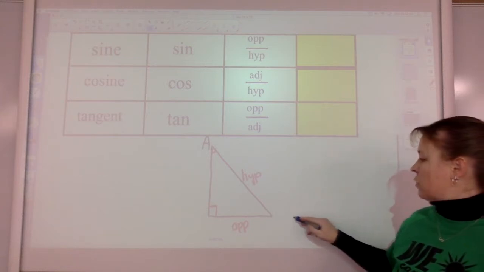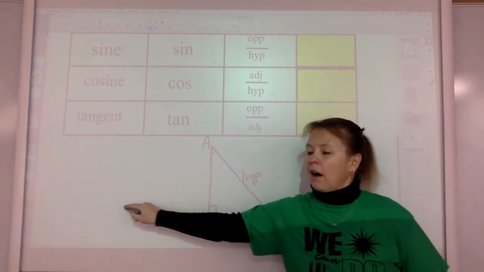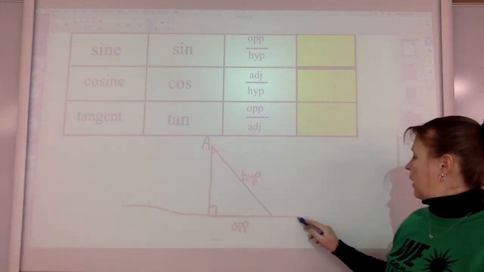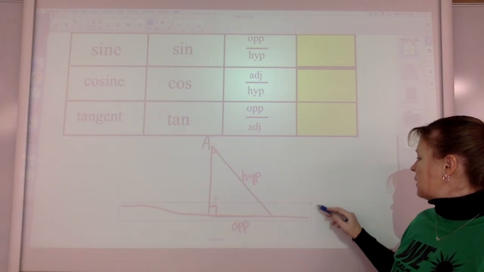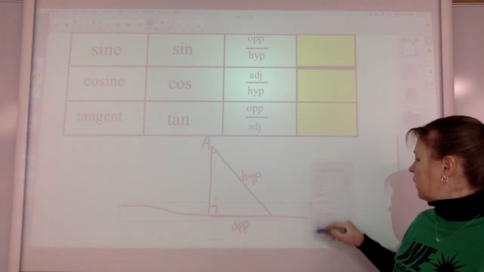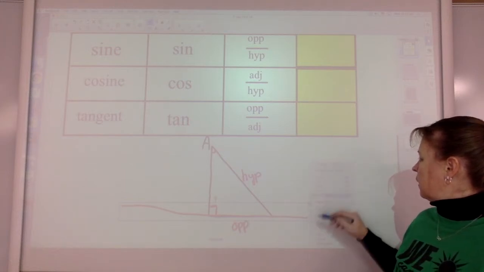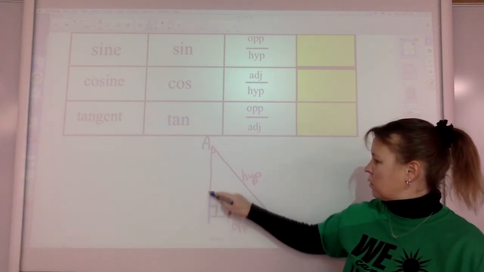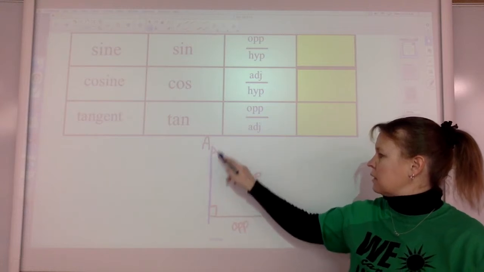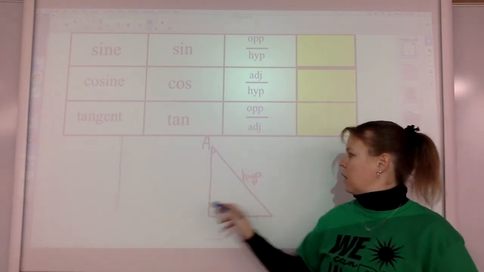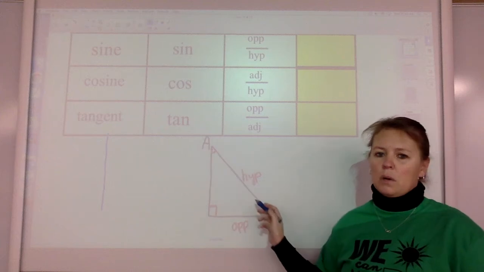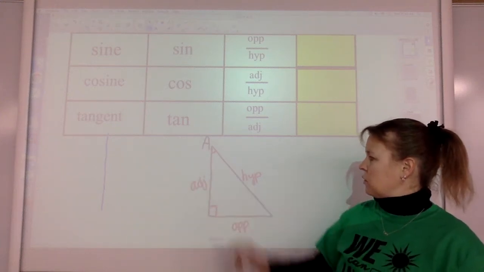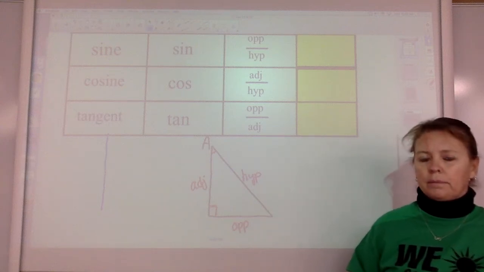So again, if I drew the opposite side, no matter how far I extended it, it would never actually run into angle A. Whereas if you draw the adjacent side, it's adjacent because when you draw it, it actually runs into the angle. So does the hypotenuse, but the hypotenuse is always just called the hypotenuse. So this is going to be the adjacent side, ADJ.